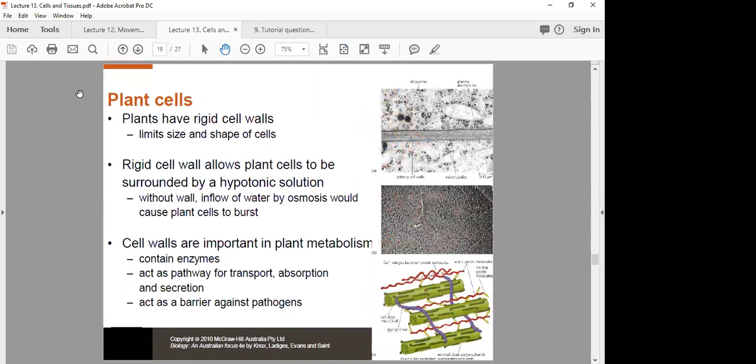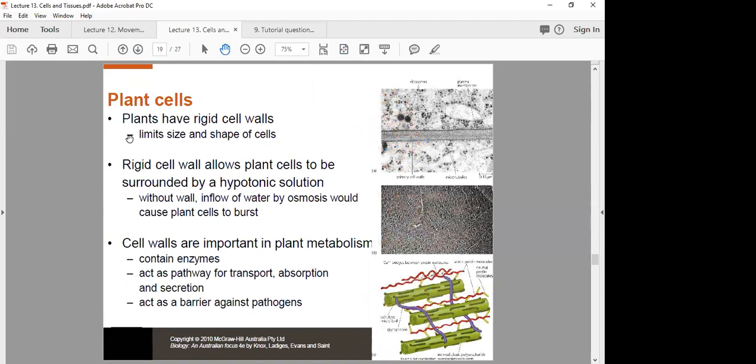All right, let's move on now from animals to plants. Plants are quite different in that plant cells have rigid cell walls to the outside of the plasma membrane, and this limits the size and the shape of cells. Unlike animal cells, plant cells tend always to be found very close to each other.